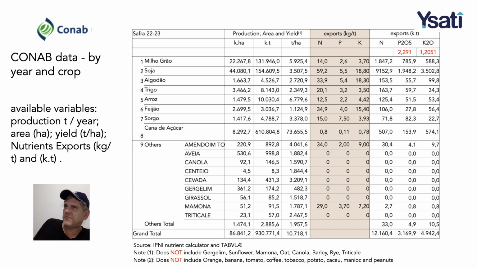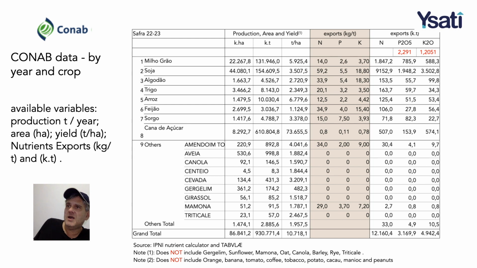So we have, for instance, in corn, nitrogen 4 kilograms per ton. When we harvest, we also get 2.6 kilograms of phosphorus and 3.7 of potassium.